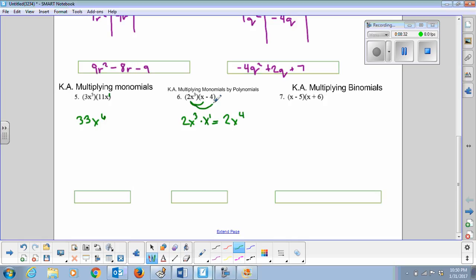The second thing that I multiply is 2x cubed times negative 4. So 2 times negative 4 is negative 8, and then we just have those x cubes left over. And then putting this all together, I would have 2x to the power 4 minus 8x cubed.